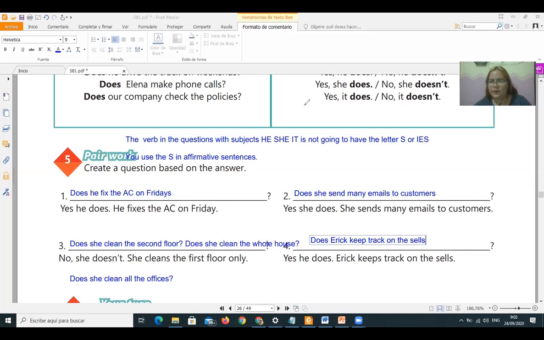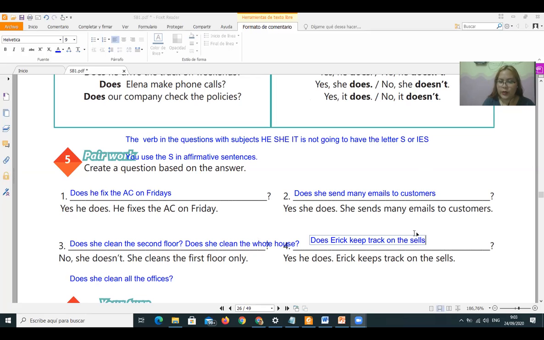It is just the verb in the base form. We are going to use the letter S just in affirmative sentences, but in negatives and in questions, no more. The auxiliary is really important in these questions because you have auxiliary do and auxiliary does, so you have to be careful with it.